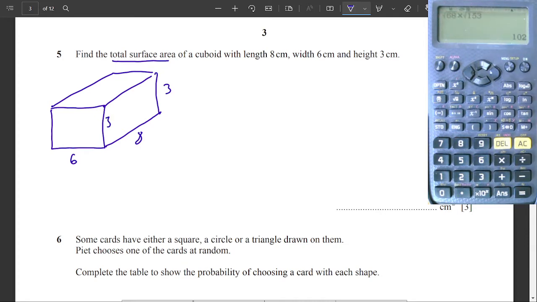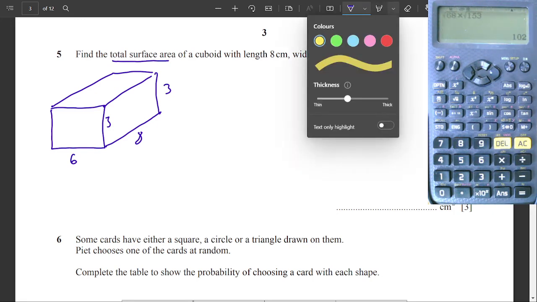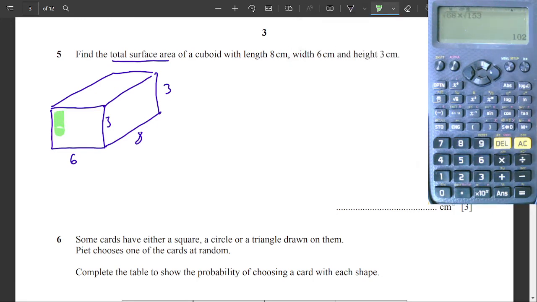So first, let's work out the area of the front face, which is this part here. Yes, of course, that will be 6 times 3. Now the front face and the back face over there is the same, so we're going to double it for the front and the back.